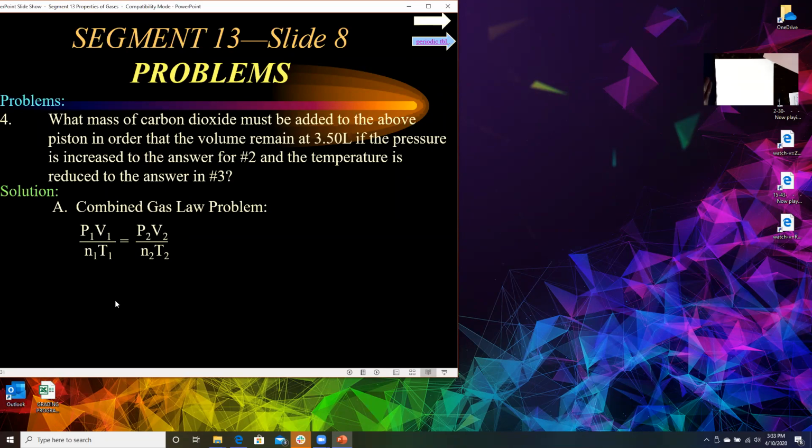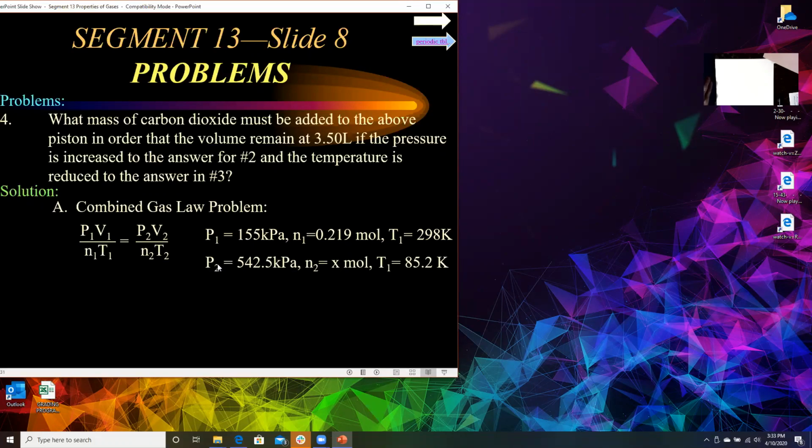So these are my relationships. And now, these are the data. I've got 155 kilopascals for the pressure. I've got the number of moles is 0.219, and I've got the temperature to be 298 Kelvin. Okay, now the volume is constant, so the volume will cancel out on both sides up there.